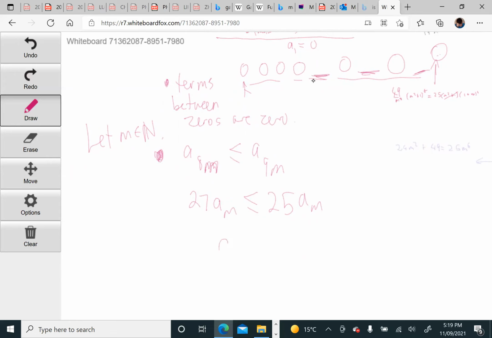So therefore AM, because it can't be negative, because the first term is positive, for example, it has to be 0. And since M was arbitrary, it has to be 0 for all M. Yeah.